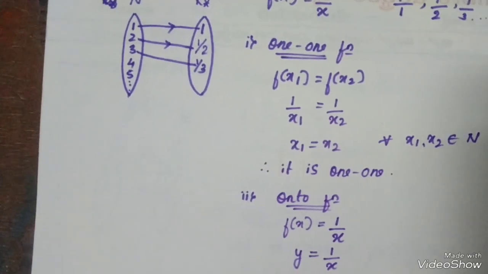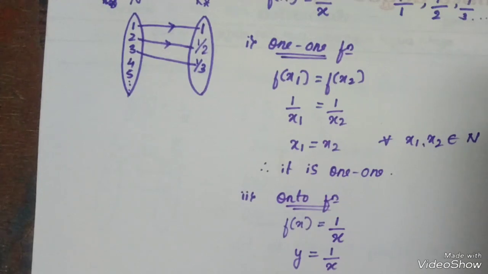Whatever y values we substitute, we should get a natural number. But 1 by y is not always a natural number. Substitute y equal to 1: 1 by 1 is a natural number. Again substitute y equal to 1 by 2: is 1 by 2 a natural number? No, it is not. Then substitute y equal to 3.